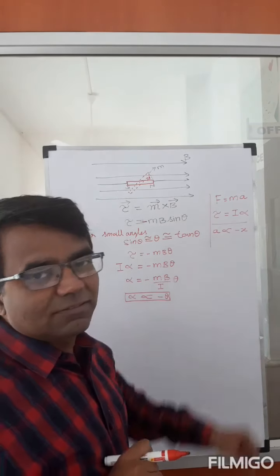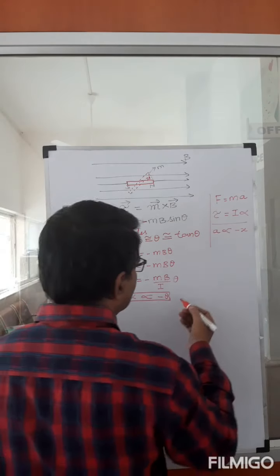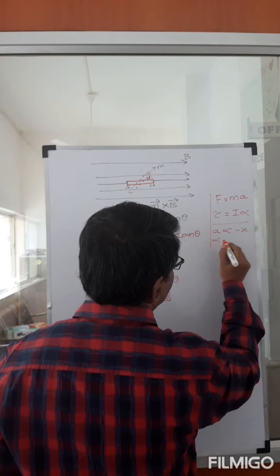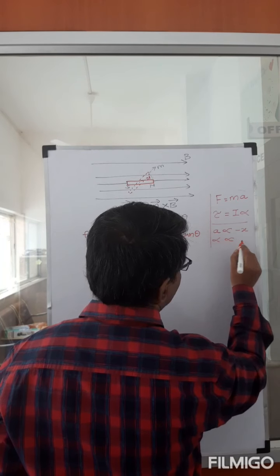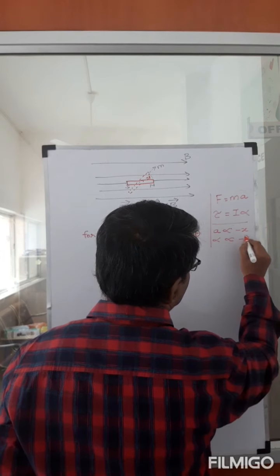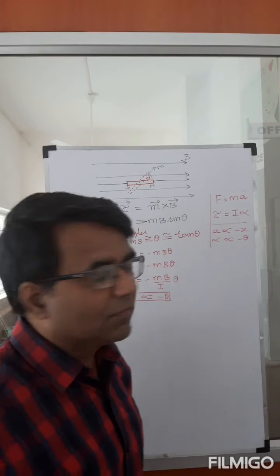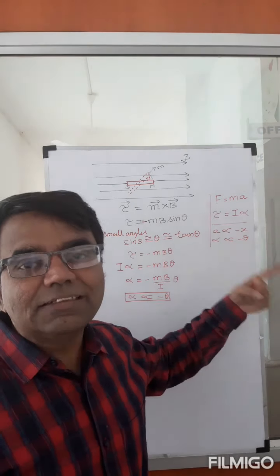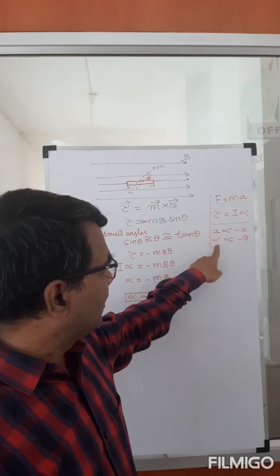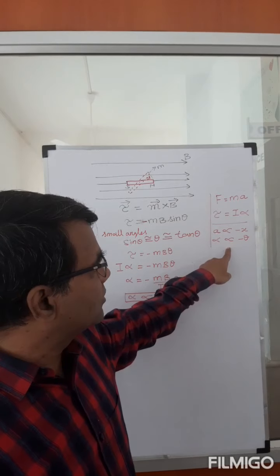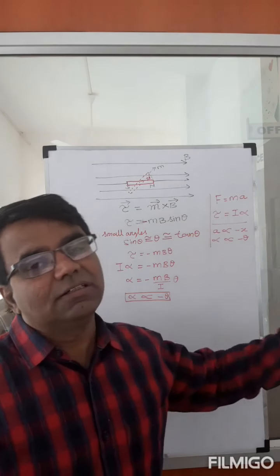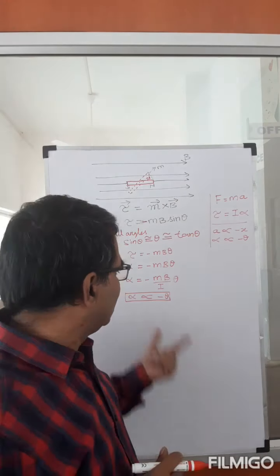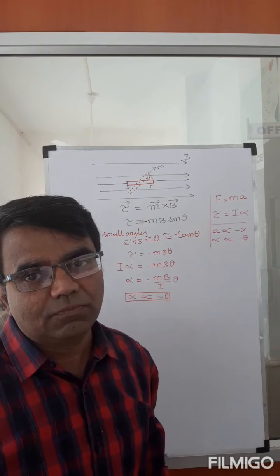This is for linear acceleration, and for angular acceleration, this alpha should be proportional to negative angular displacement, which is theta. Linear acceleration is proportional to negative of linear displacement, and angular acceleration is proportional to negative of angular displacement. So this is a simple harmonic motion.